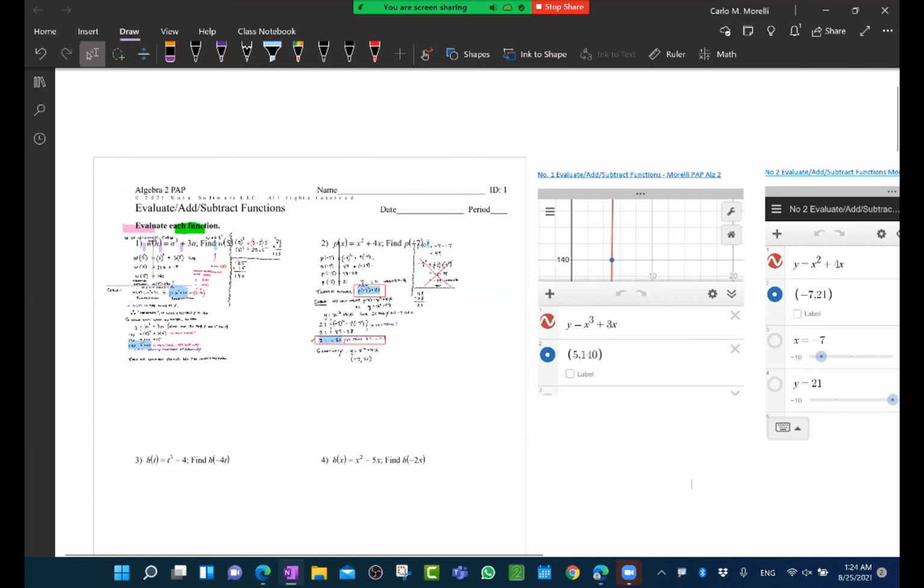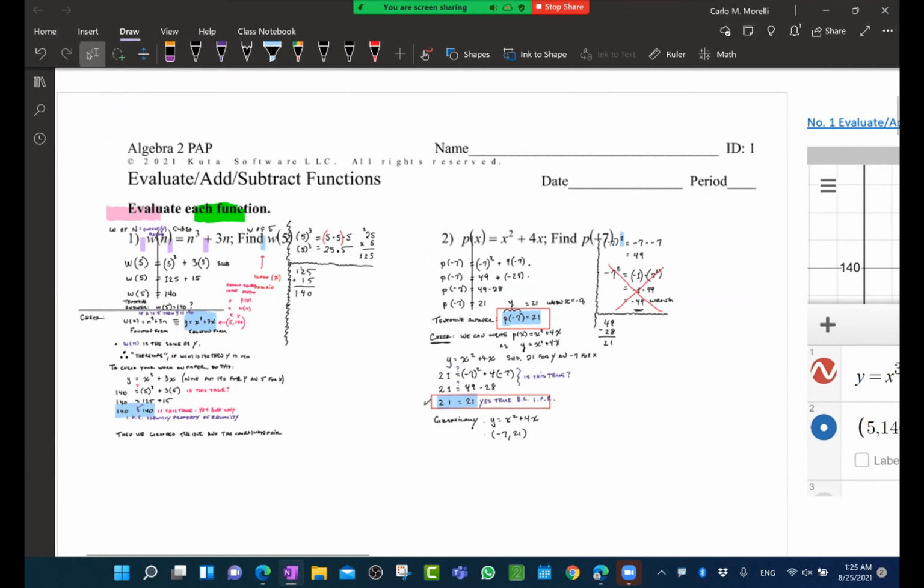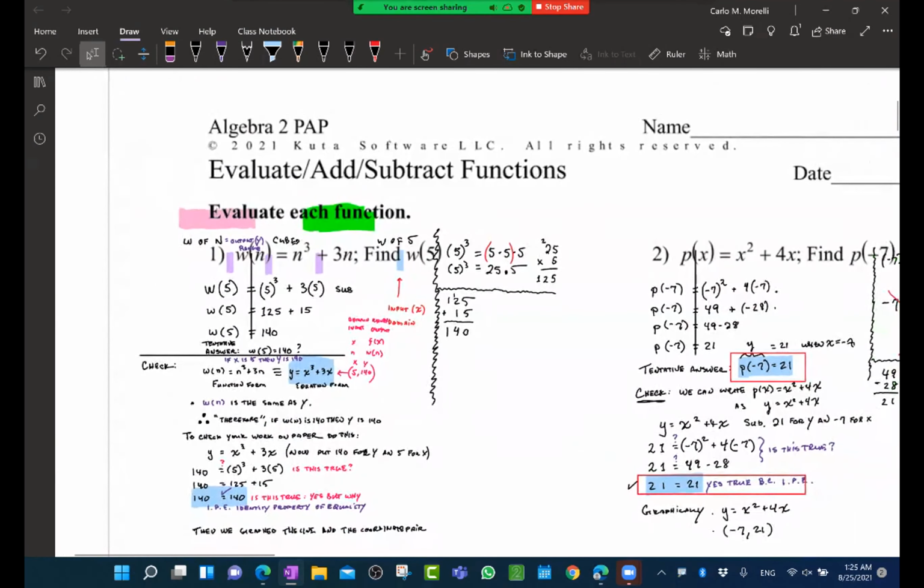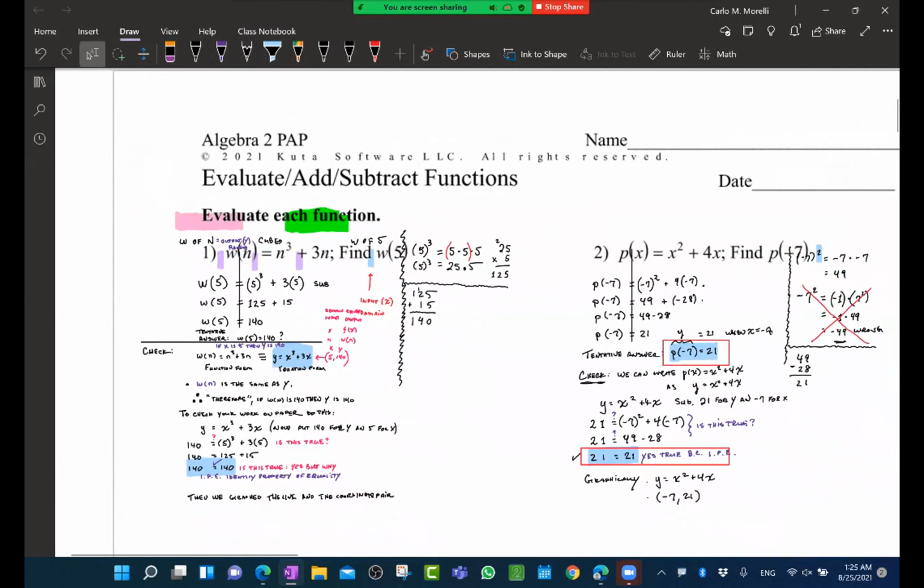And I want to show you something super cool about OneNote. So watch this. I click this little lasso tool and I'm going to lasso everything here. If it lets me.